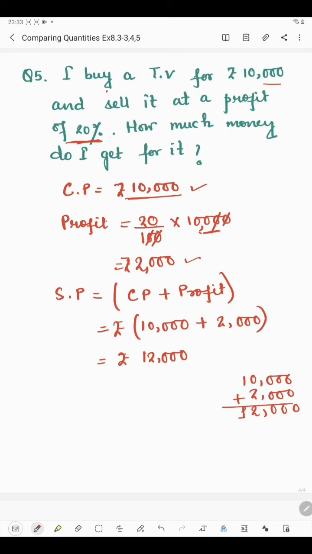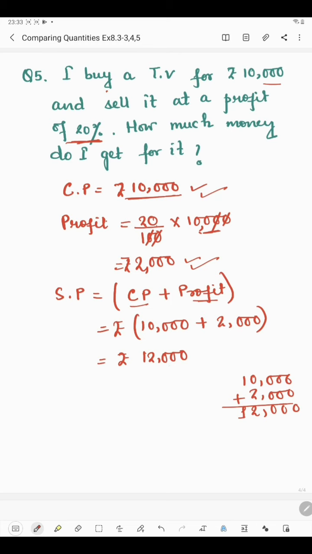I buy a TV for rupees 10,000, and 2,000 is the profit I made on selling that. So at what price did I sell the item? The cost price is to be added to the profit to get the selling price, isn't it? So here 2,000 will be added to 10,000 to get the selling price.